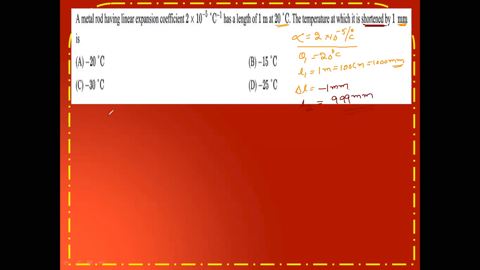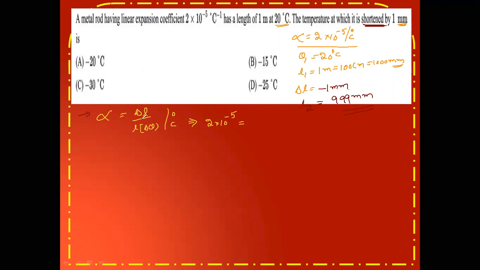So you can use the formula. The basic formula is alpha is equal to delta L by L into delta theta, per degree Celsius. Just substitute the values. The value of alpha they gave is 2 into 10 power minus 5.